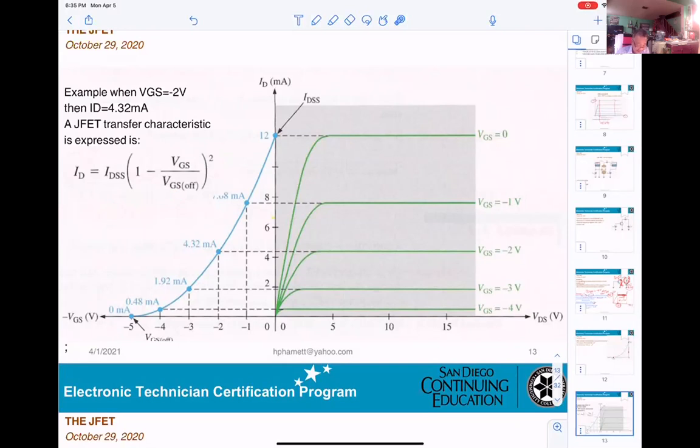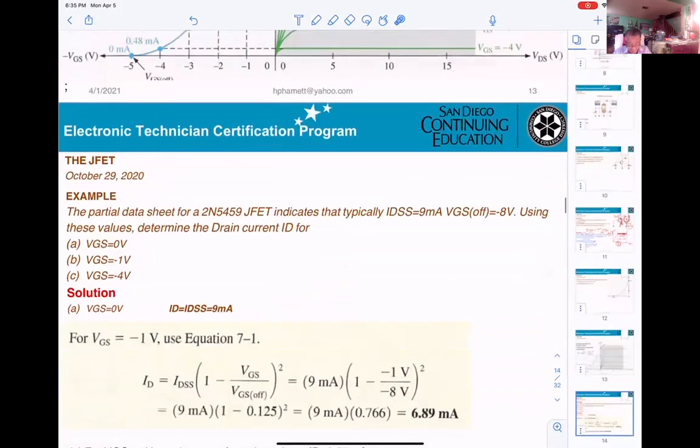So basically this curve is for this equation. This equation is not normally used for calculation, that's really tough. That's why they give you the curve here to help.